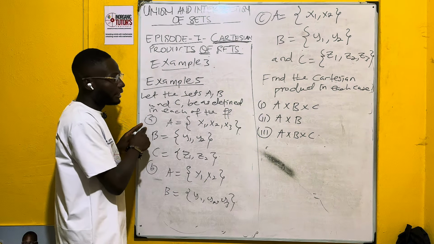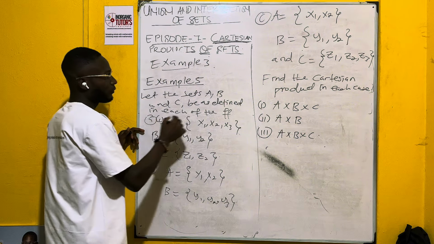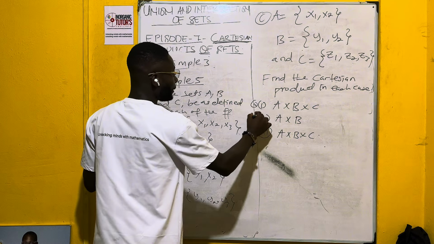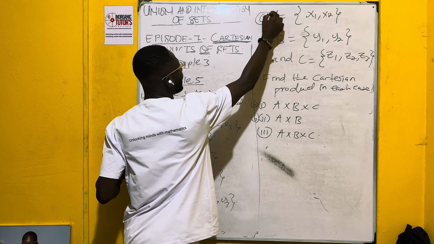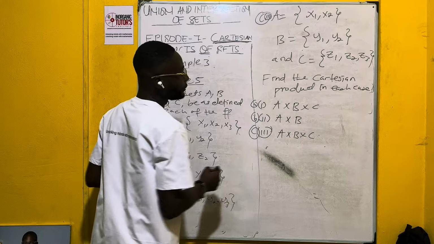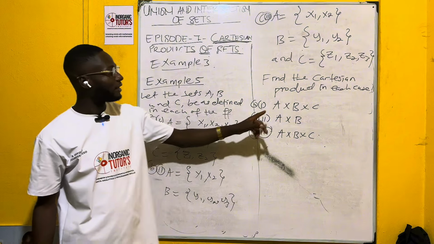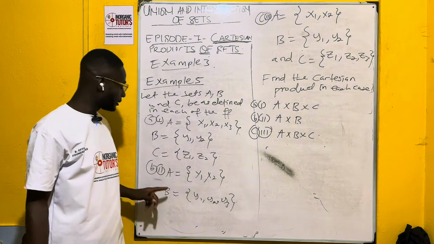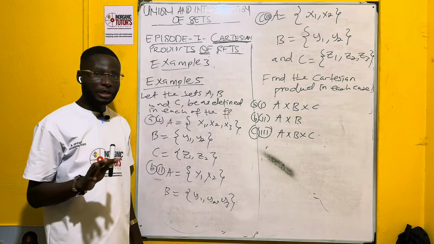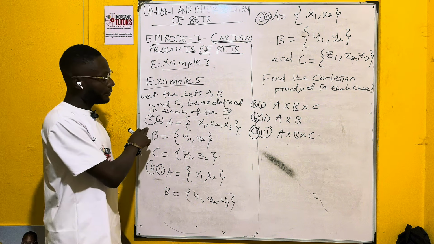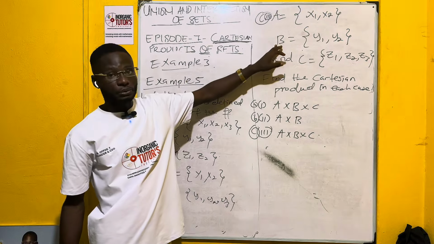So, for (i), we want to find A cross B cross C. With (ii), we want to find A cross B. And with (iii), we want to find A cross B cross C. So what I'll do here is do (i), which is the first set, then I'll leave (ii) and (iii) with you for you to try.